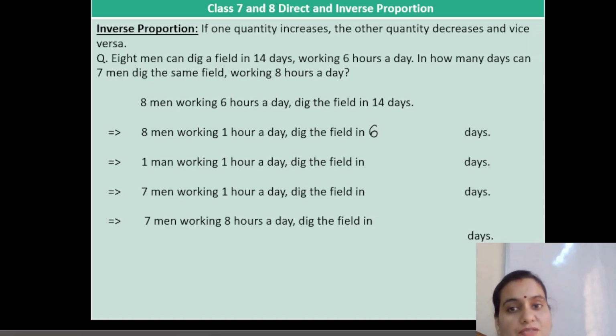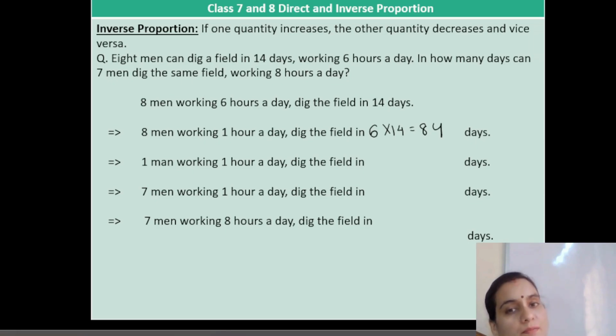So number of days will definitely increase. There is no doubt about it. So 6 into 14, 6 times more number of days will be required because now they are only working for 1 hour a day, right? So 6 into 14 if we do, that will be 84. So 84 days will be required for 8 men if they are working 1 hour a day to dig the complete field.